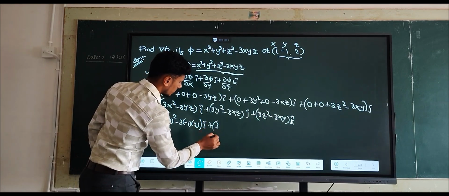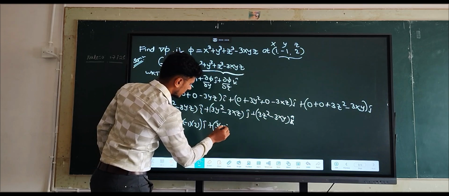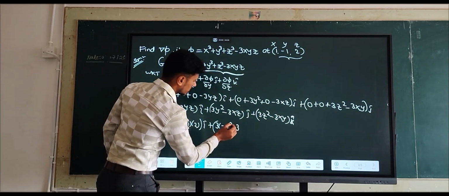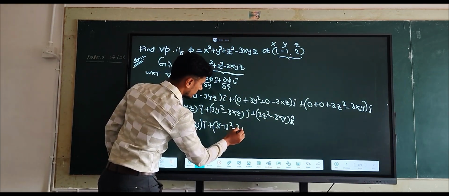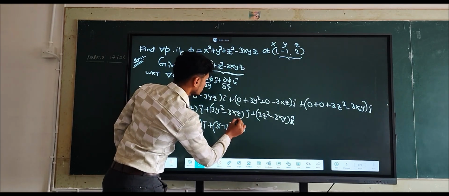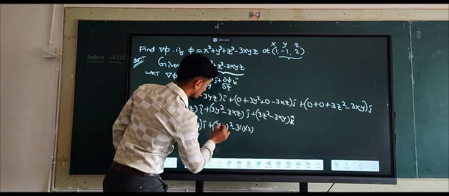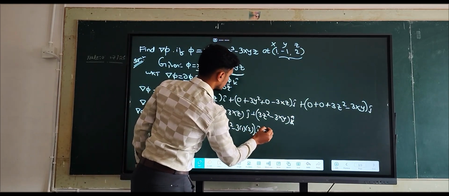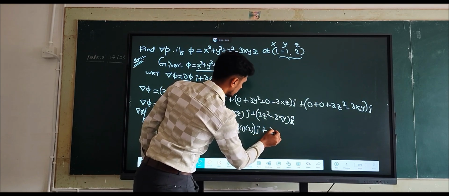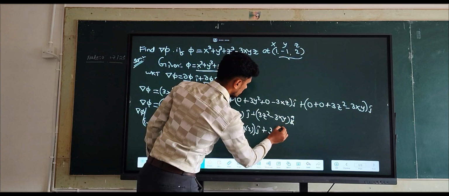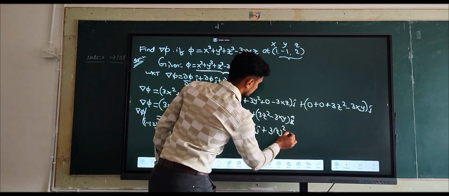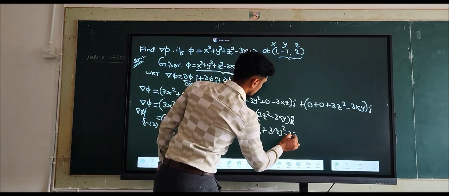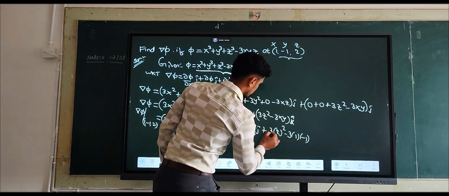Plus 3 into y square, that means minus 1 square, minus 3 into x into z, where x is 1 and z is again 2. This is along j cap. Plus the last function is 3 into z square, that is 3 into 2 square, minus 3 into x value 1 and y value minus 1.